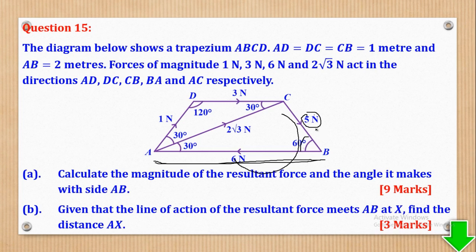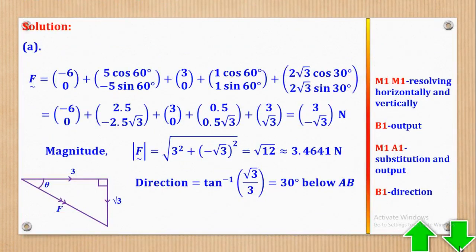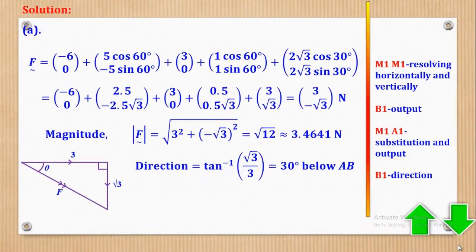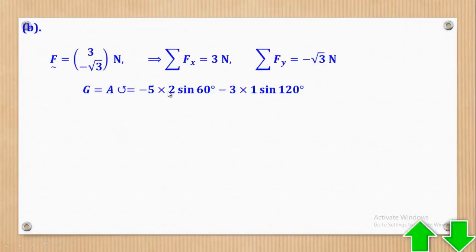It means that the moment for the 5 Newton force will be clockwise and it will have a negative sign. So that explains why when you come here, you'll have negative 5 times 2 sine 60 degrees. Negative is there. Then next we shall see where this negative 3 times 1 sine 120 is coming from.